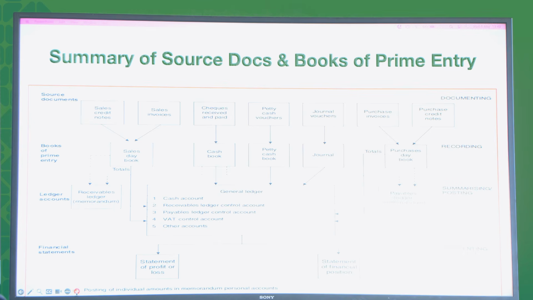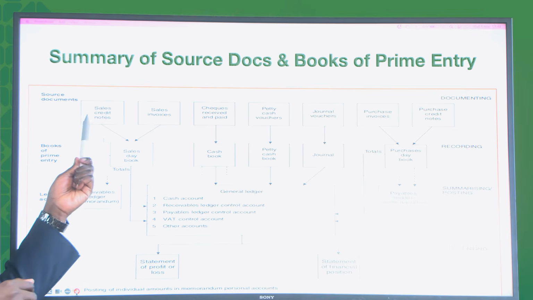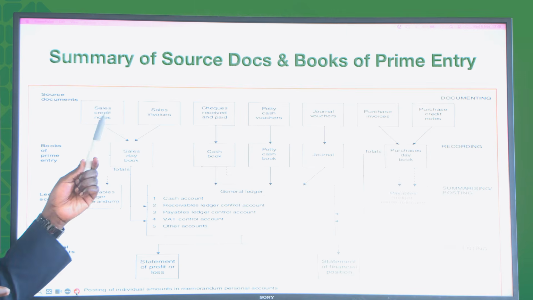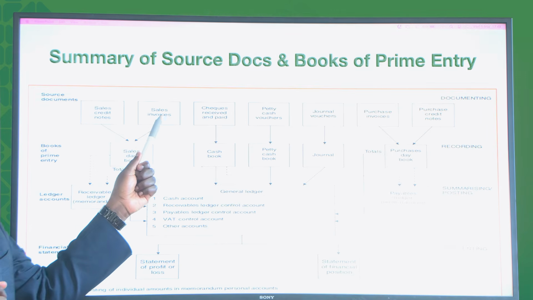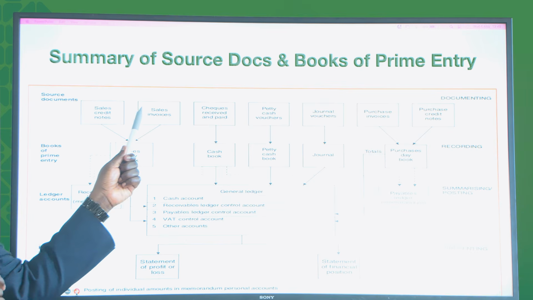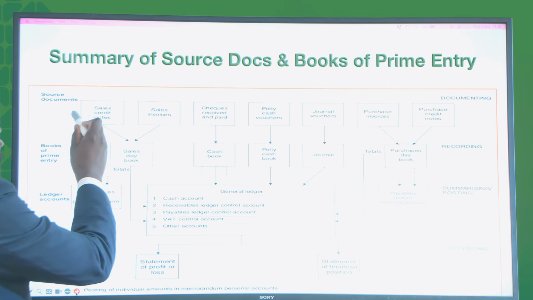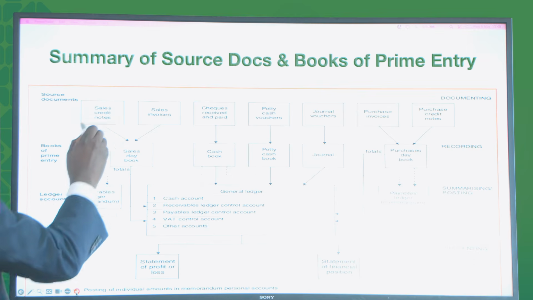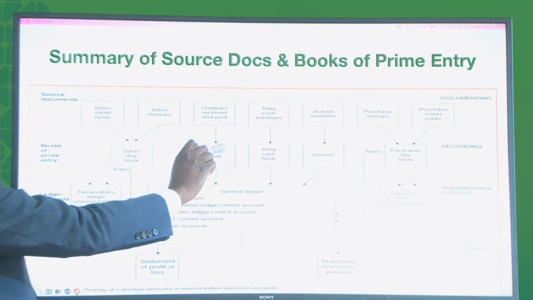We've illustrated the relationship between the documents and books of prime entry through a chart which is presented as follows. When there are any sales credit notes, which we will look at in this unit, or any sales invoices, these, remember, are the documents. So in this row, we are talking of documents, and then just below the first row, we have books of prime entry.